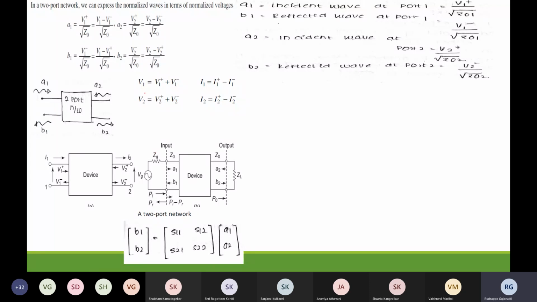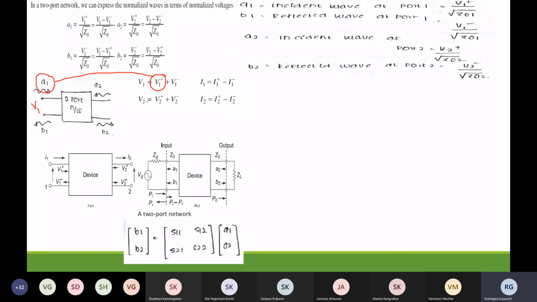By definition, A1 is associated with the incident wave amplitude at port 1, so this has to be related to the incident voltage available at port 1.